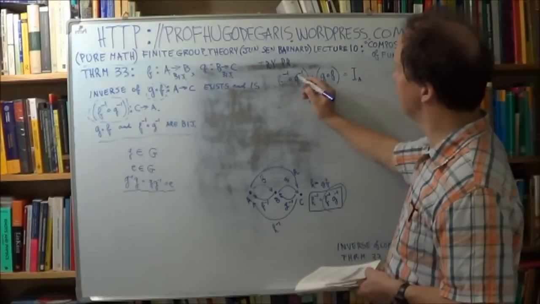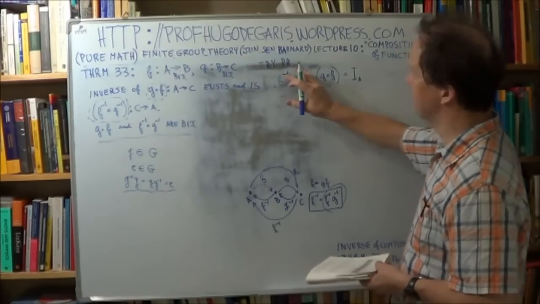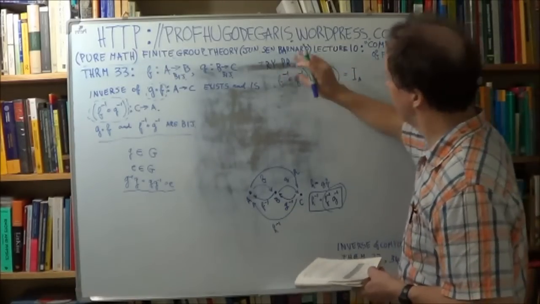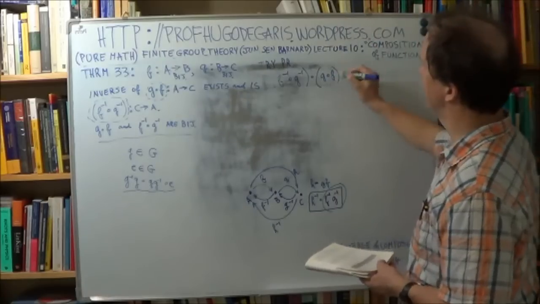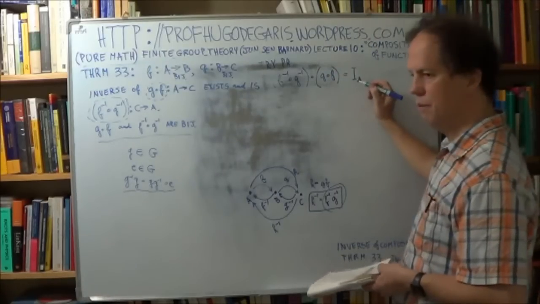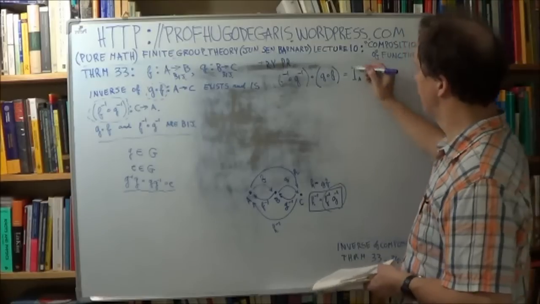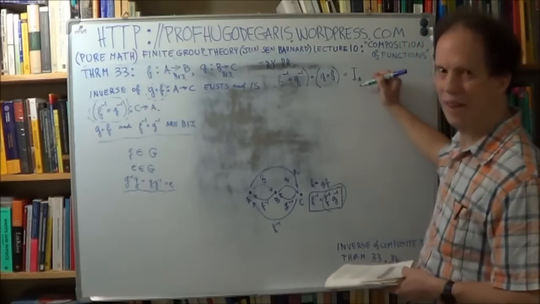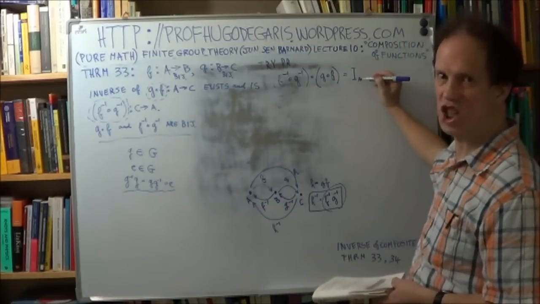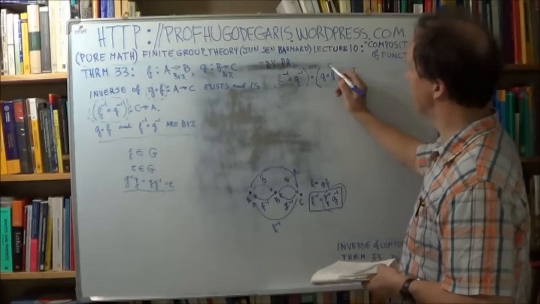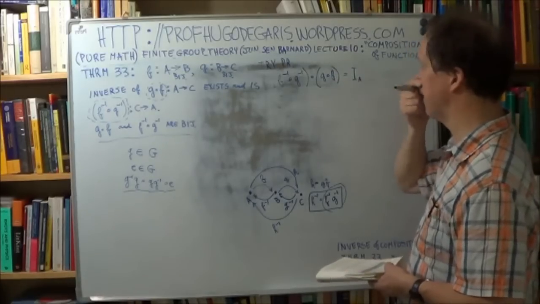So if this is the inverse of that, then applying this to that will give you the identity function, right? The right-hand side means do nothing, so nothing has changed. Now, if you apply this, of course things change, right? You've mapped.